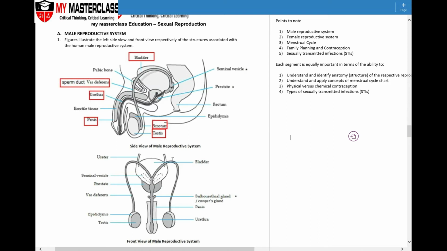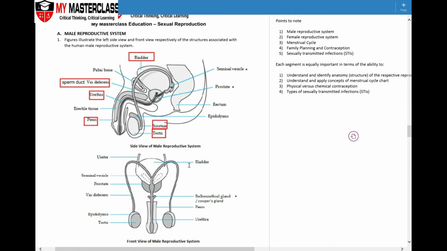Alright, now what you notice in this front view is that there is the bladder. Okay, so this bladder itself is also connected to the same urethral tract that the sperm cells will be ejaculated out of. So what this means is that the urine tract as well as the sperm tract is the same tract, which uses the urethra.